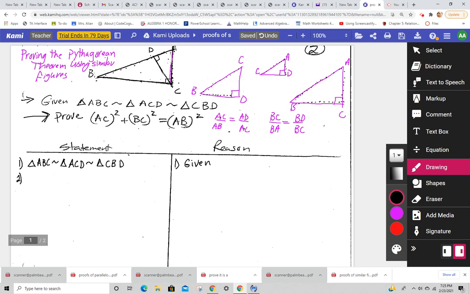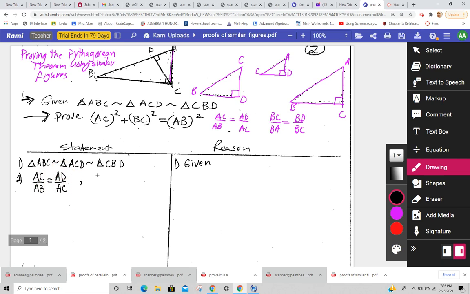All right, so let's go ahead and begin our proof. Let's start with what is given, which I've already written out. We're given that these three triangles are similar. Because these triangles are similar, we can write these proportions. AC over AB equals AD over AC.